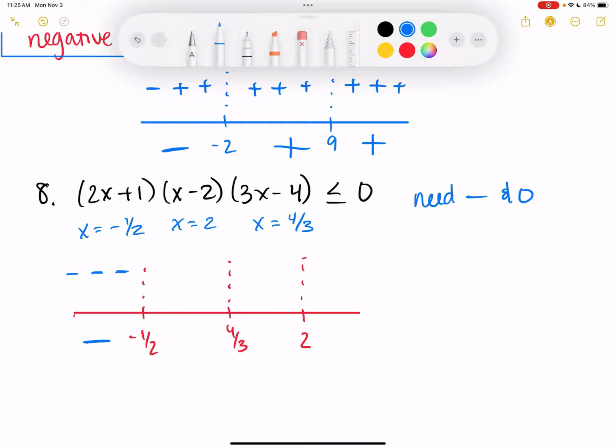All right, in here I would probably choose 0, probably the easiest thing. If I plug in 0, what is this? Positive. What is this? Negative. And this one? Negative. So that whole region then is positive. Positive times negative times negative is positive.